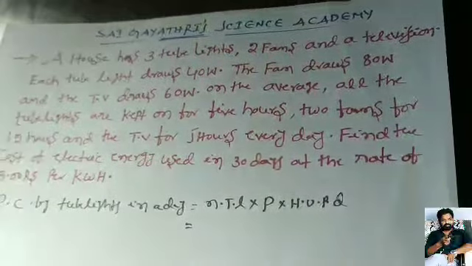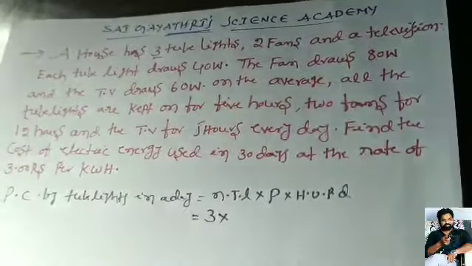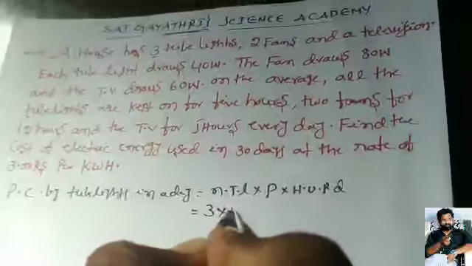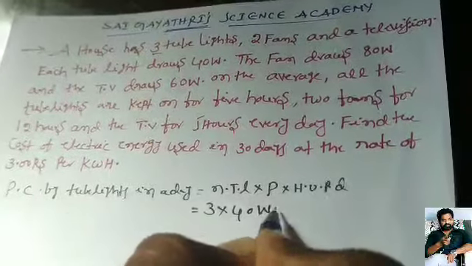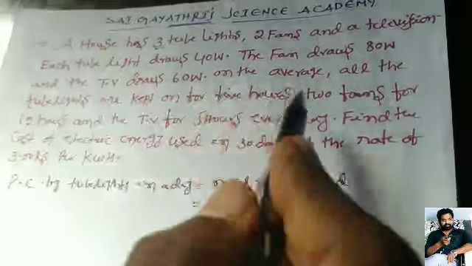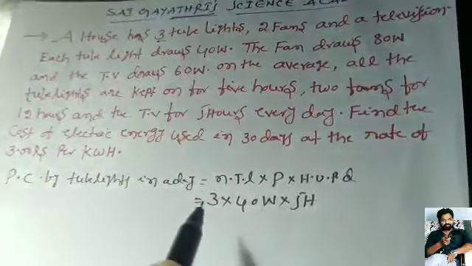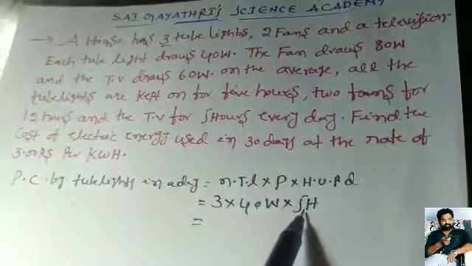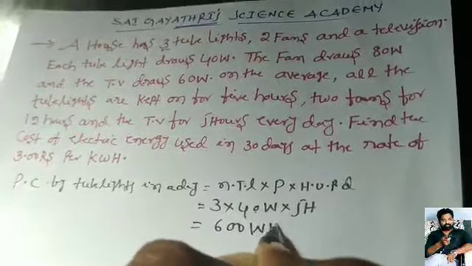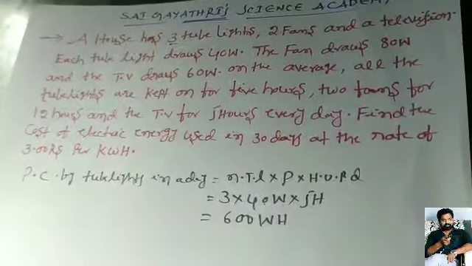Number of tube lights is 3, each tube light draws 40 watts, hours of use per day 5 hours. Then 3 into 40 into 5, we get 600 watt hours. This is power consumption by tube lights in a day.